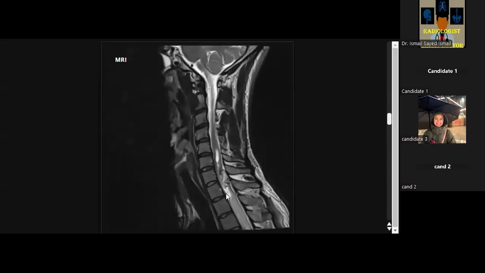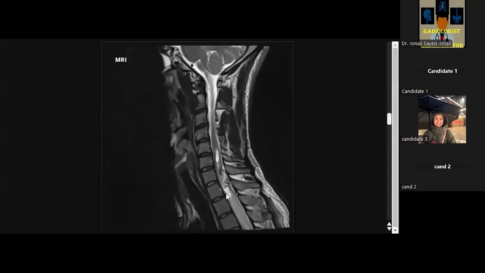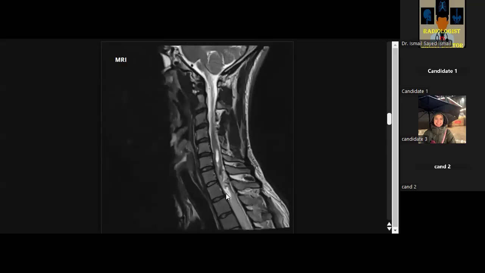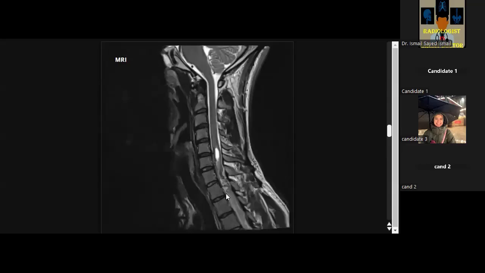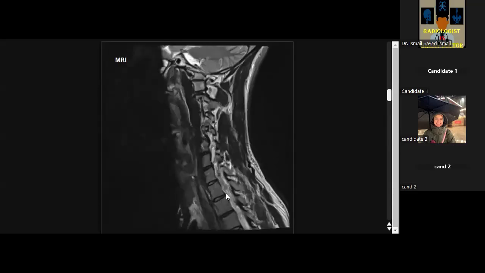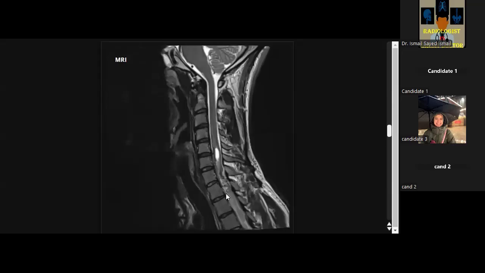In my routine practice, I would like to correlate with the post-contrast images because I'm very concerned this may be hemangioblastoma due to the presence of serpiginous structures. I would also like to correlate with the axial images. I'm also concerned about a vascular malformation because it seems to be adherent to the posterior part of the spinal cord, an AV fistula. Good.